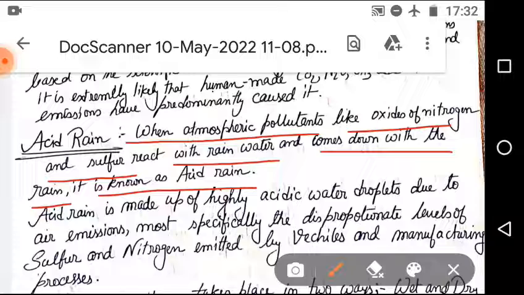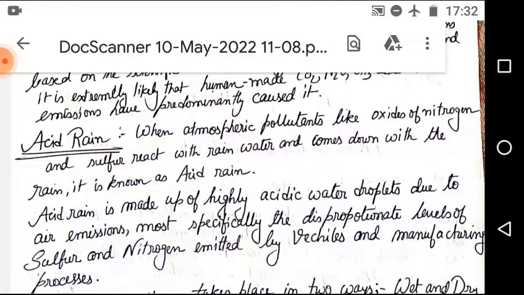Oxides of nitrogen include nitrous oxide and nitrogen dioxide, and there is also sulfur dioxide. So when oxides of nitrogen and sulfur react with the rainwater, they mix up and come down as rain, which is called acid rain.